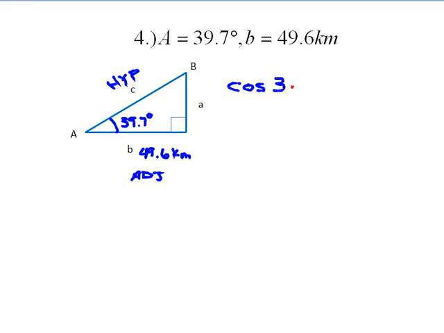The cosine of 39.7 degrees equals the adjacent, which is 49.6 over the hypotenuse, and we'll give that our label C. Okay, we have to do our algebra.